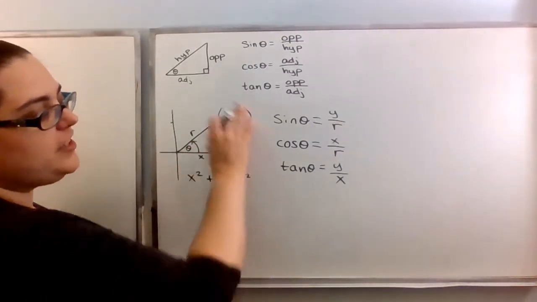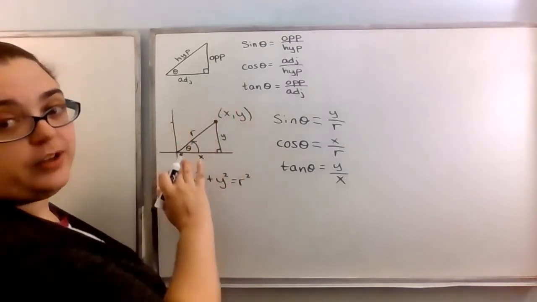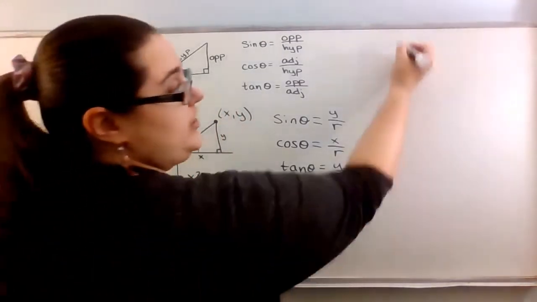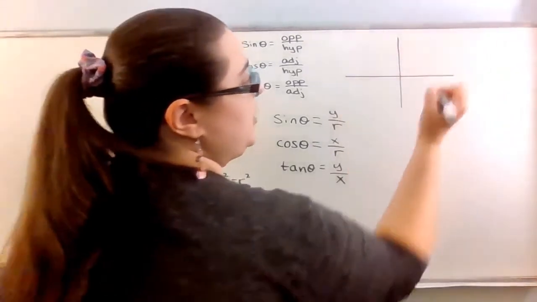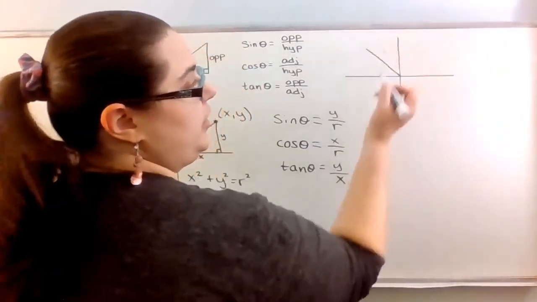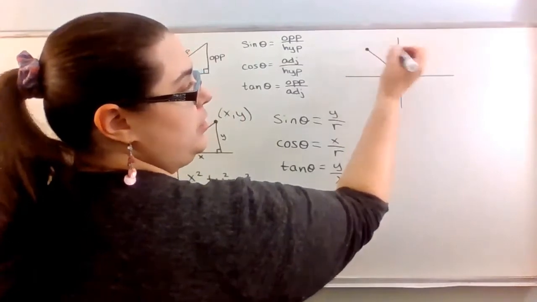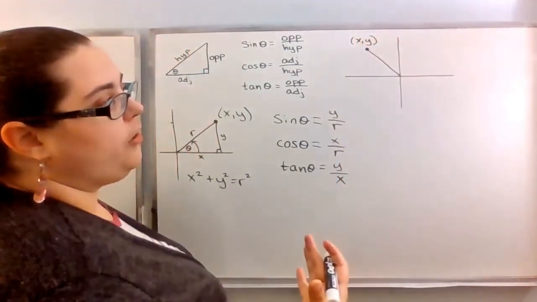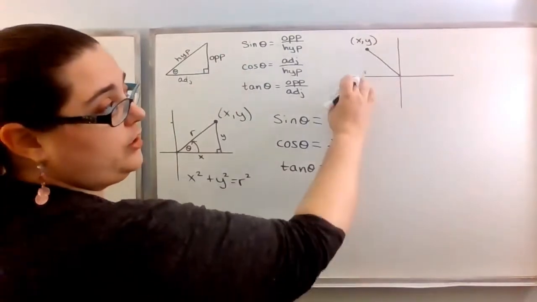But there's nothing that says I have to live in the first quadrant if I'm on a Cartesian plane. So for instance, I could be living over here in quadrant 2. So I could have a point x, y over here, where now x is a negative value and y is positive.